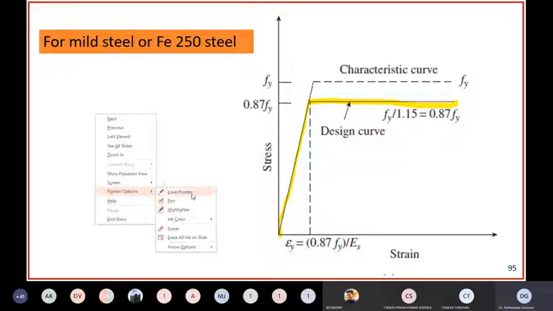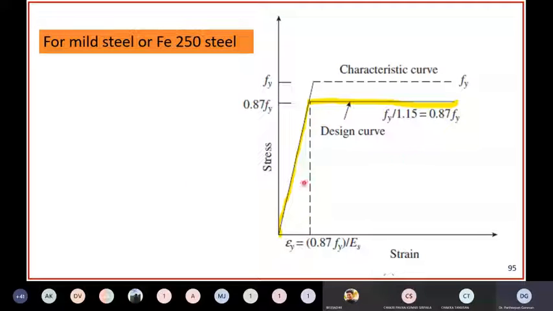Now, suppose how will you find out the stress at any point in this linear part? From here to here it is a linear variation and the stress is proportional to strain, and the strain corresponding to this point is called yield strain epsilon y. How will you find that out?